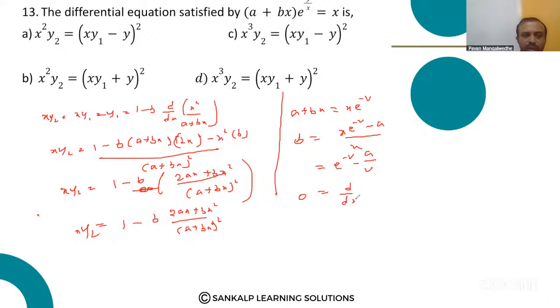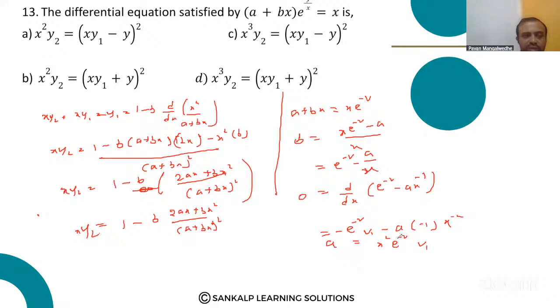Then d by dx of this is e raised to minus v minus a into x raised to minus 1. Then it will be minus e raised to minus v into v1 minus a into minus x raised to minus 2, which is a equals x square e raised to minus v as it is, then it will become v1.